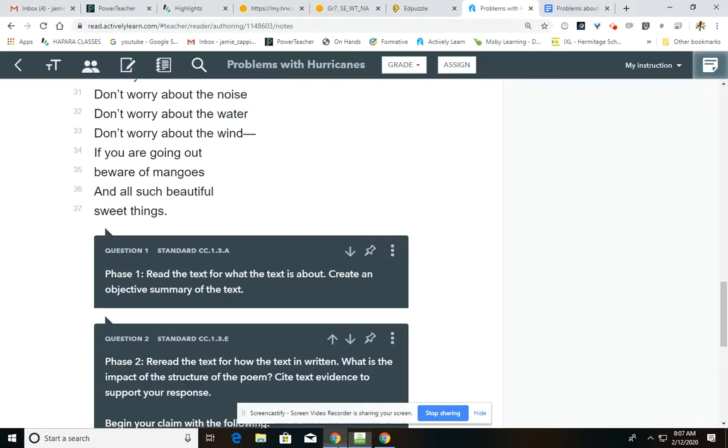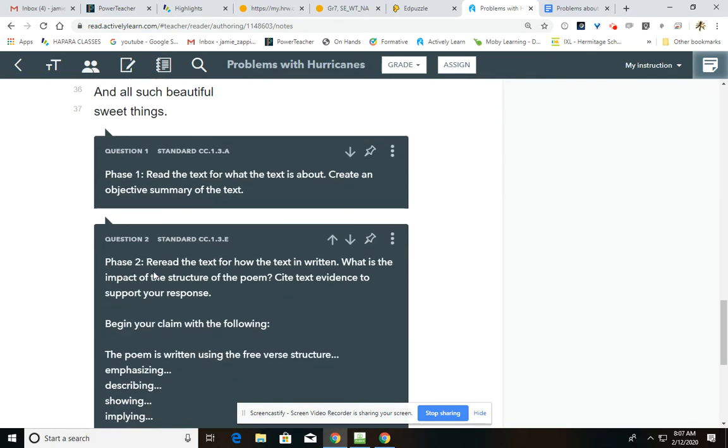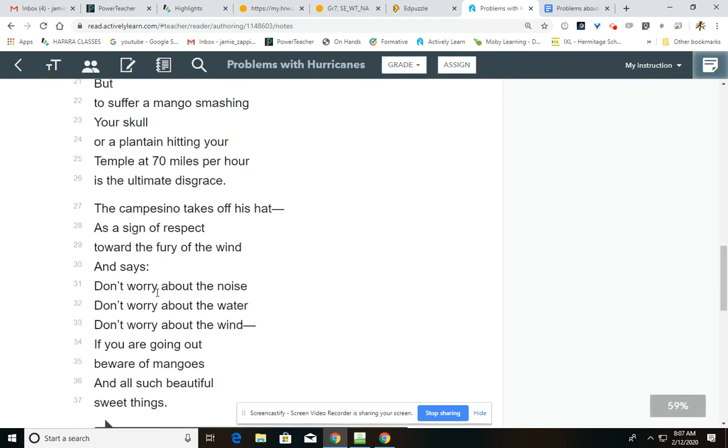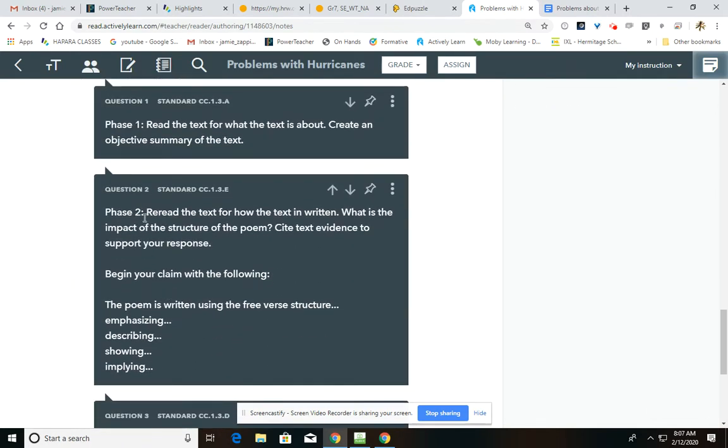In the second phase of reading, we're going to focus on reading for how the text says it. As we look in the second phase, we're going to look at how the author wrote it. In this case, we're going to look at the structure of the poem. So reread the text for how the text is written. What's the impact of the structure on the poem? For this phase, you're also going to provide cited text evidence to support your response.